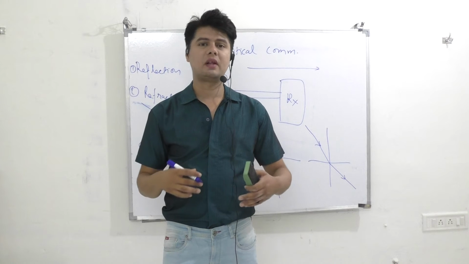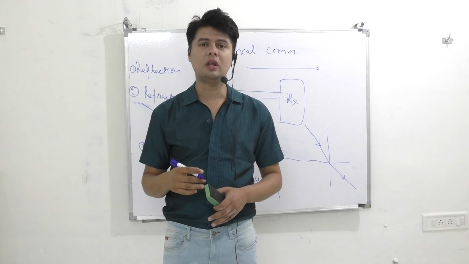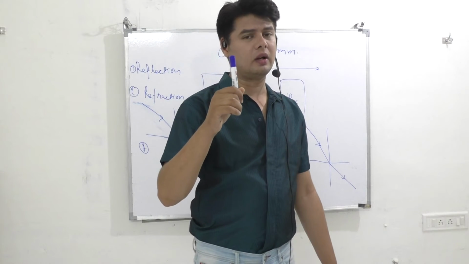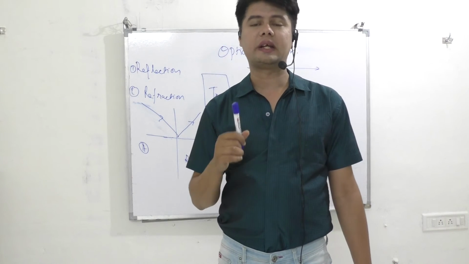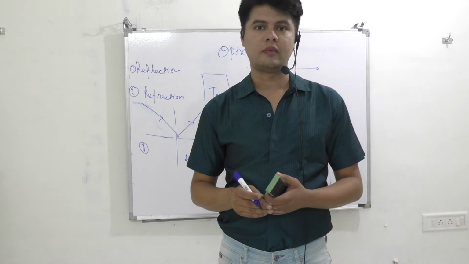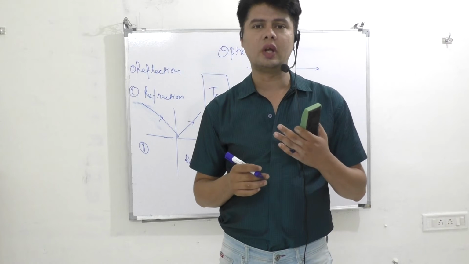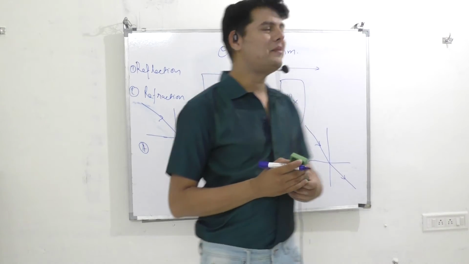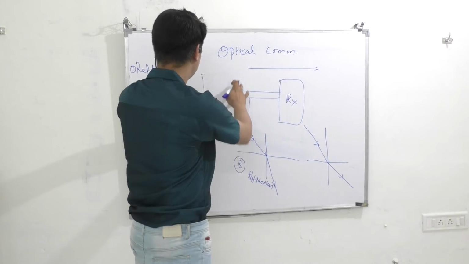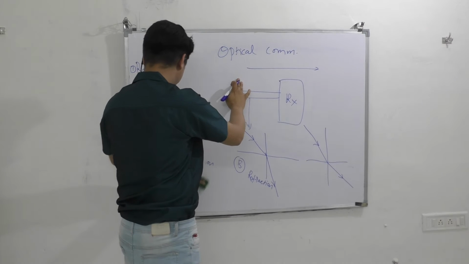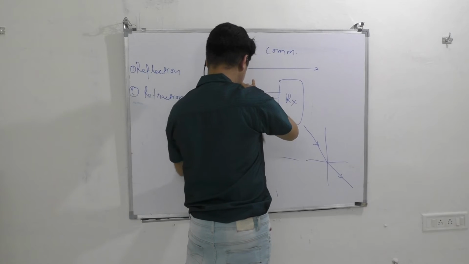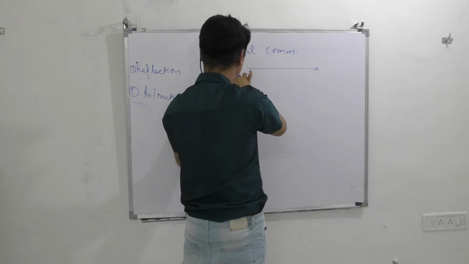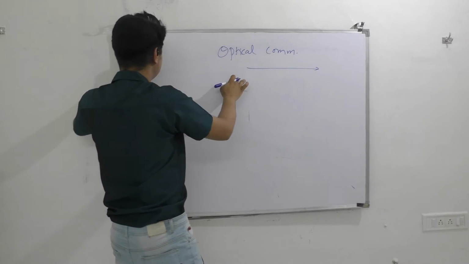So now this principle we will use in optical communication, and before starting the optical communication, I would like to introduce the optical source. What kind of source can we use for optical communication? So here I am using two kinds of source.